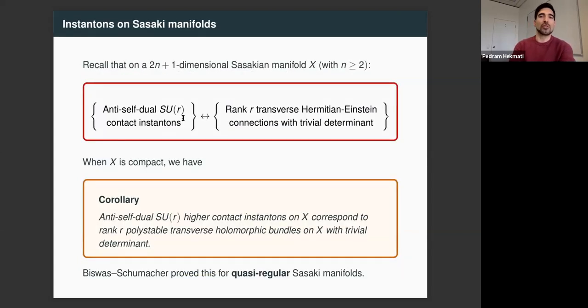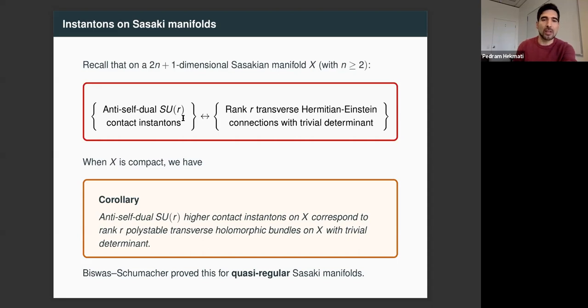And just to return to the question of higher dimensional instantons, remember I said that there exists a very natural notion of contact instantons on any contact manifold, in particular on Sasakian manifolds. The high dimensional instantons are exactly the transverse Hermitian-Einstein connections.